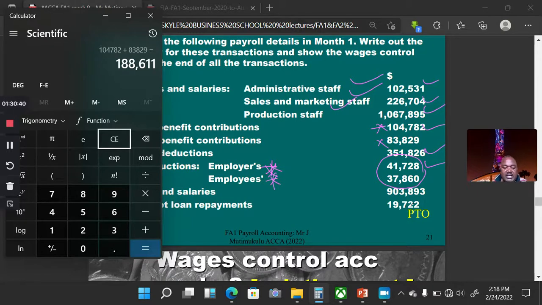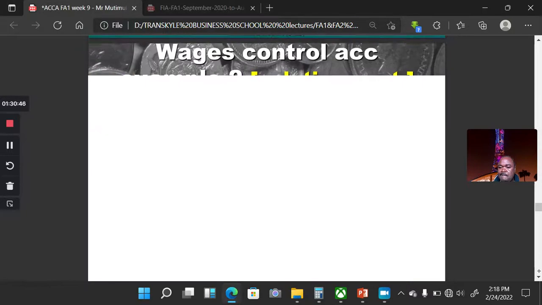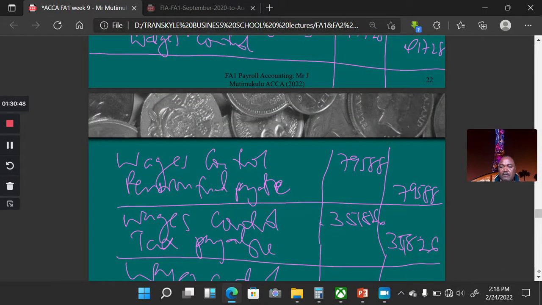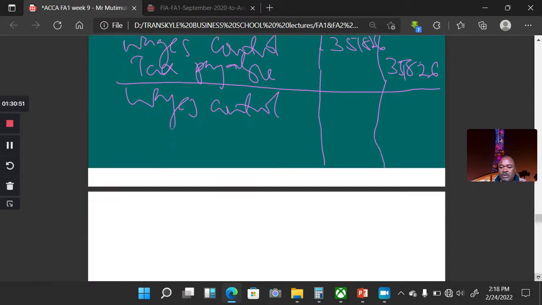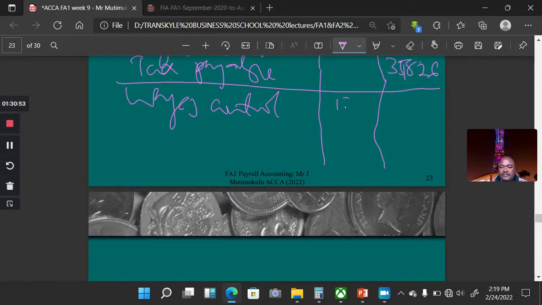That's 188,611. So this one has to be benefits contributions for both the employer and the employee, 188,611.